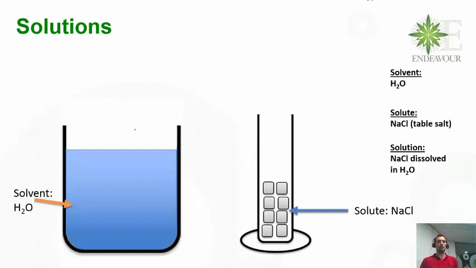So let's have a look at an example of this. Initially we've got H2O in one container here, and it's going to behave as the solvent, and we've got our solute, which is salt, NaCl, as shown by these individual squares representing a solid piece of salt. When we tip the salt into the solvent, what do you think might happen?